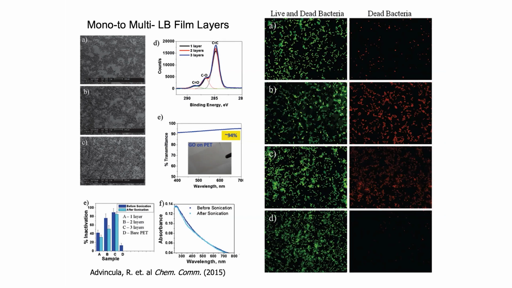This means that the exposure of more surface of graphene oxide produces more cell death. In the future, we will be studying the quantification of the reactive oxygen species present on this type of films. So with that, I'd like to thank you, and I'll be happy to answer questions.